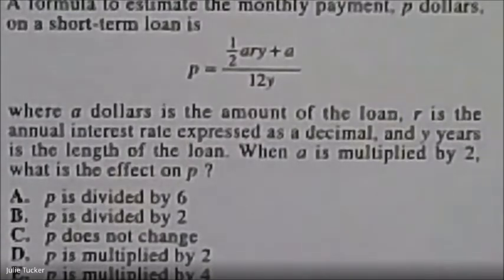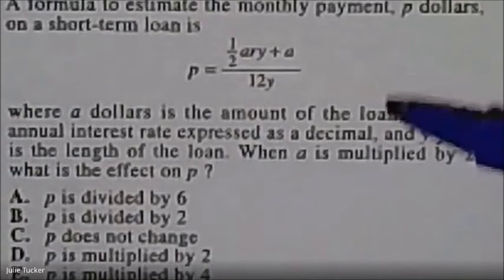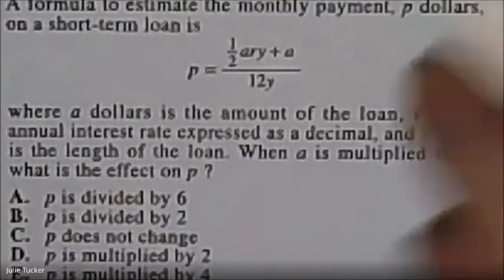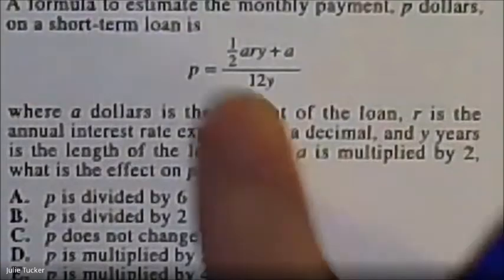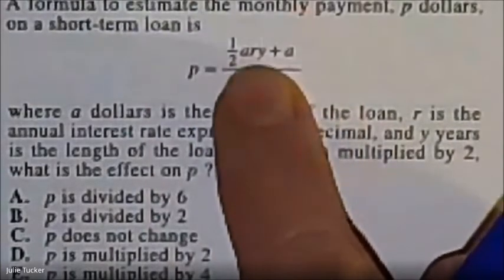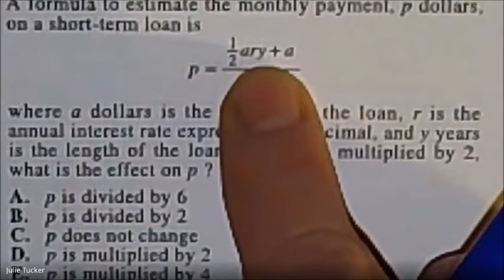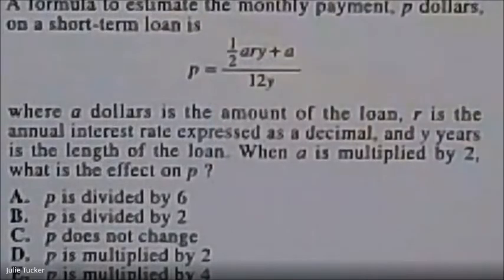It's the oldest trick in the book. If they don't give you numbers, you make your own numbers. If they want us to find out what happens when A is doubled, then we can work out the problem with an A and an R and a Y that we choose ourselves.